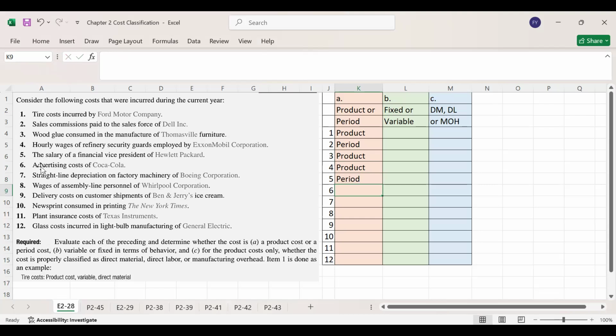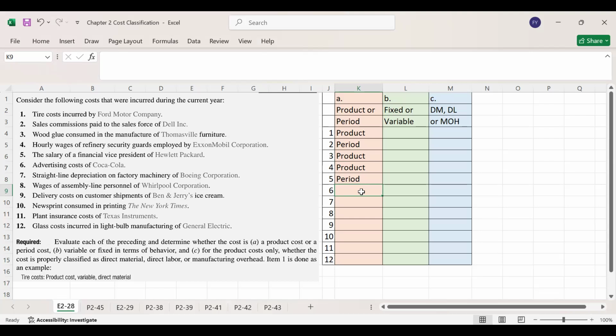The next one, the sixth one, is advertising cost of Coca-Cola. Advertising cost is again a period cost because it is not a part of the product. Part of the product means any costs that are associated with the production. Advertising cost is incurred after production, and it is not related to product manufacturing.